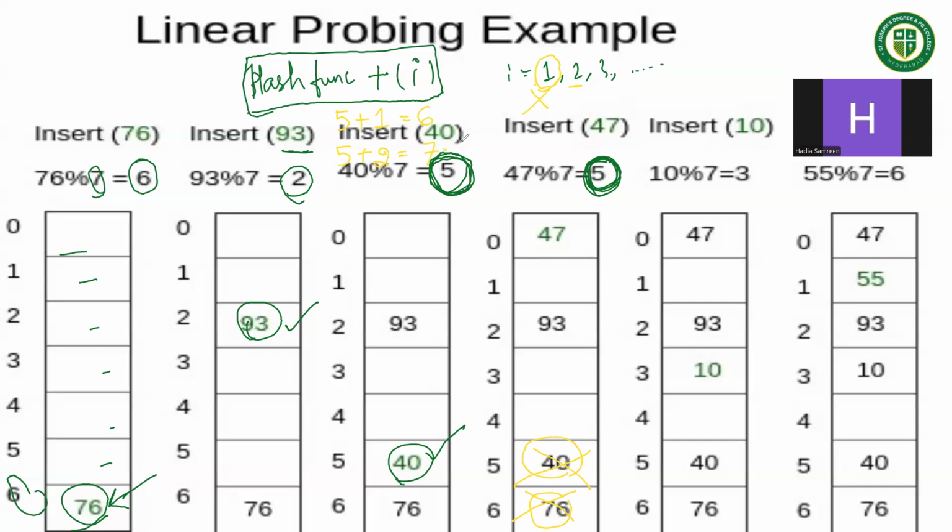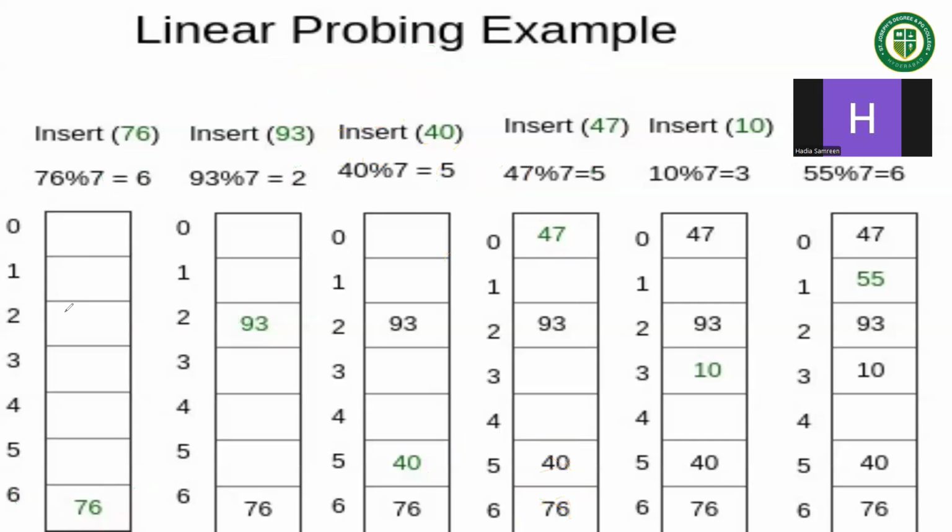No. So we will do 7 modulus 7, that is 0. Is the 0th position available? Yes, the 0th index is available. So now we will store 47 here at the 0th position. This is how linear probing works. Let's see what quadratic probing is.